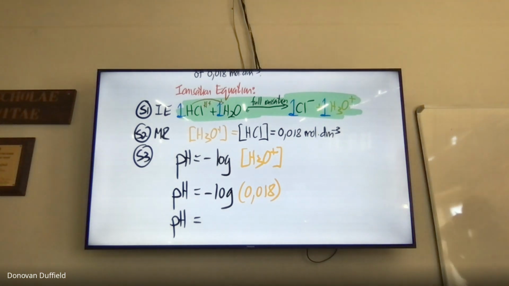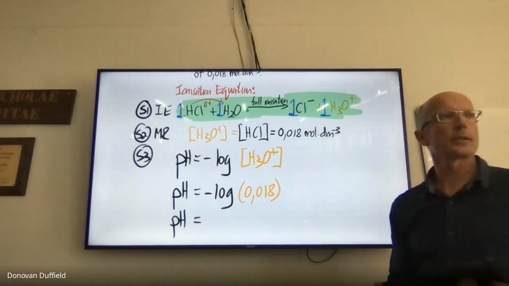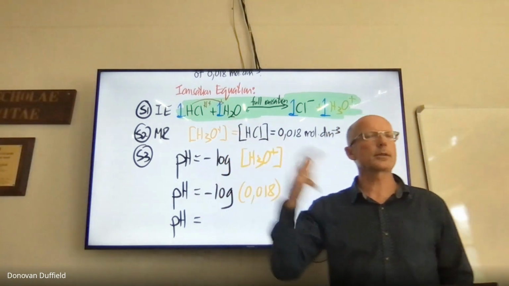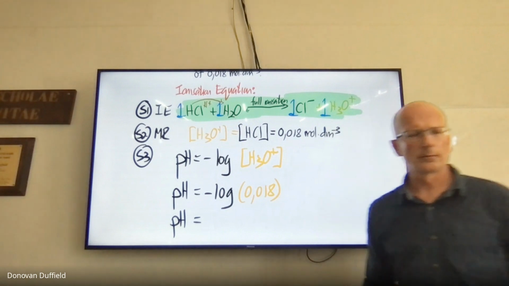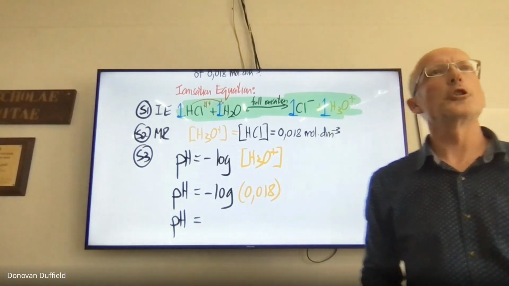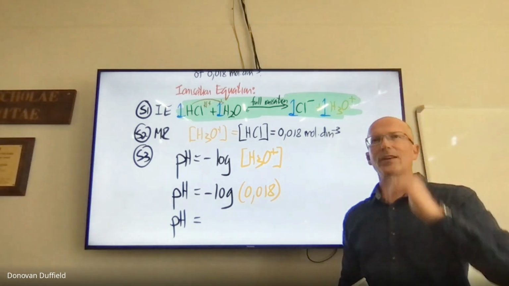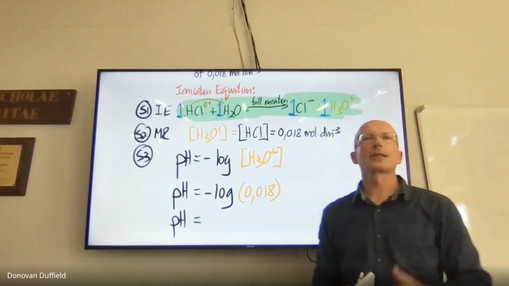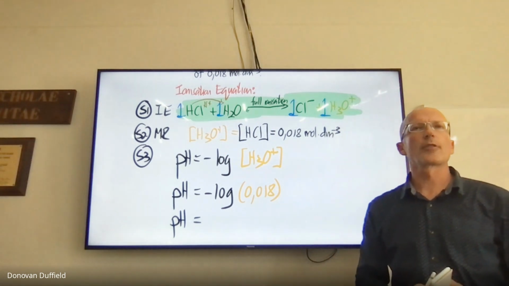Should we round to 3 decimal places? We work with 3 decimal places. NSC works with 2 decimal places. We work with 3. So are there any units? No units. Very, very good question. pH doesn't have units. It's a logarithmic scale.